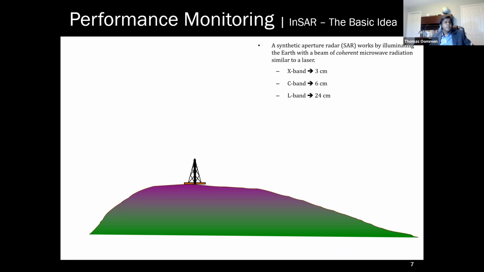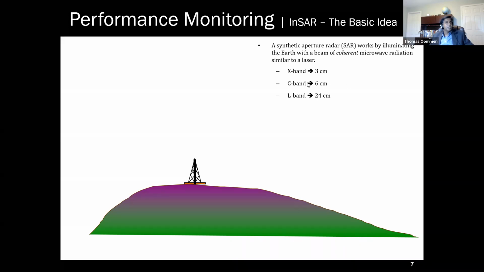Now, within these different bands, one thing that I want to point out that is quite important when you're starting to use InSAR in any of your research or in your work is that the maximum displacement that you can measure using a radar SAR or InSAR approach is half the wavelength. So this is very, very important because with radar, you cannot actually measure large deformations. You can only measure small deformations.